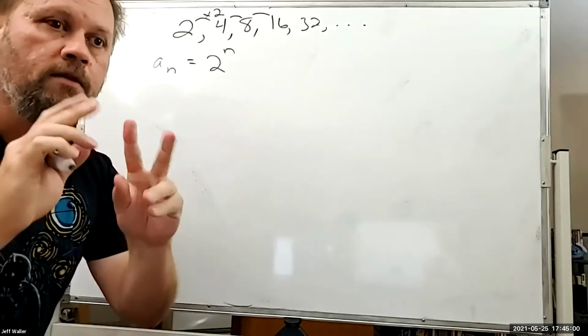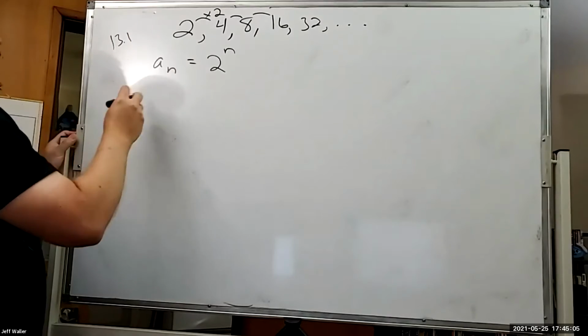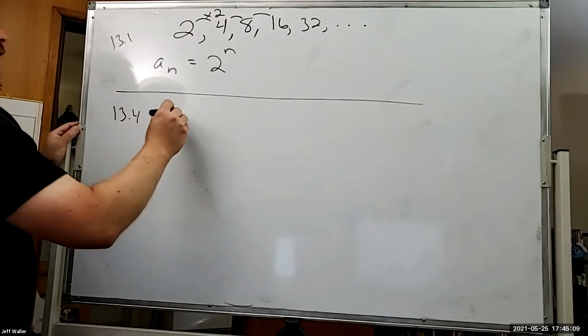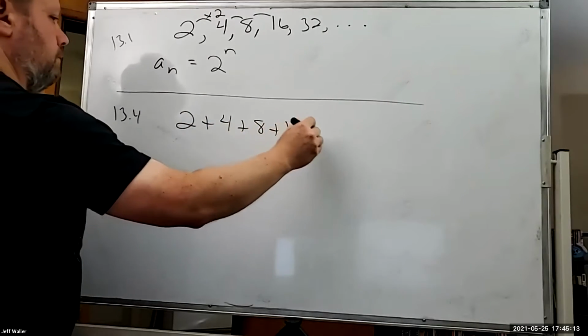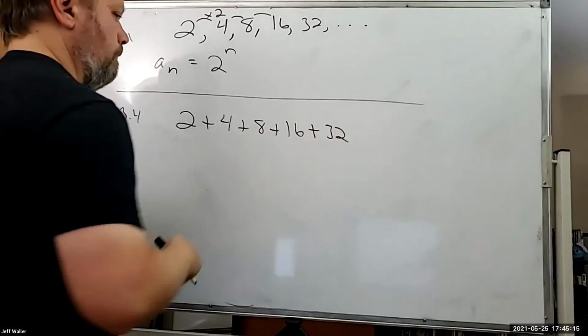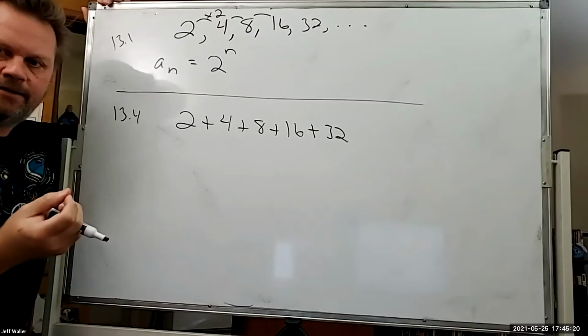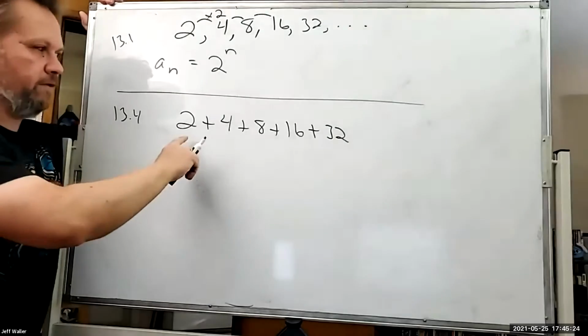All right. Now, that's section 13.1. Section 13.4 says, all right, what if I have this? Is there a way to write that more concisely? So this is, of course, a sum.